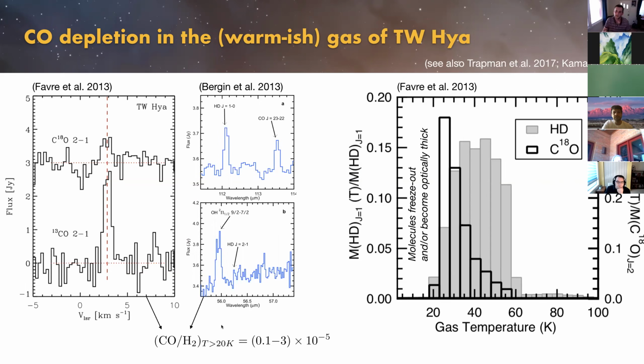Now, if you're interested in it, I would point you to either this paper by Leon Topman or Mikkel Kama. Leon looked at these lines in TW Hydra again with new models, and Mikkel looked at 15 other upper limits for HD detections in disks to try and get upper limits for the mass.